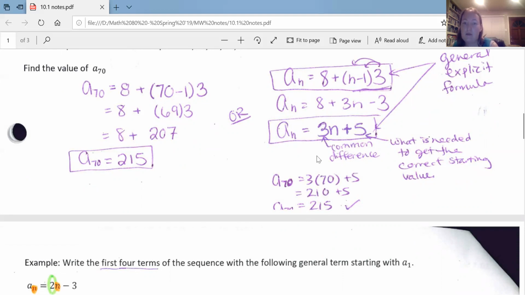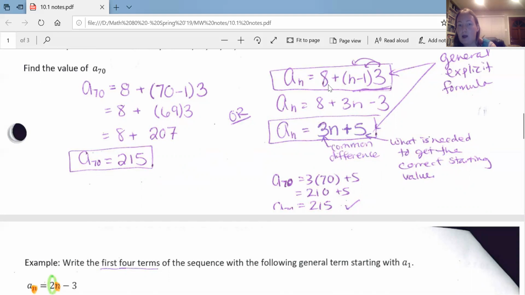One thing that's kind of nice about this is some people actually write the generic like this, the common difference, and then what is needed to get your correct starting value. So when your first term is 1, your n is 1, you'd have 3 plus what in order to start at that 8? Well, plus 5. So that's another way sometimes we think about writing the generic equation.